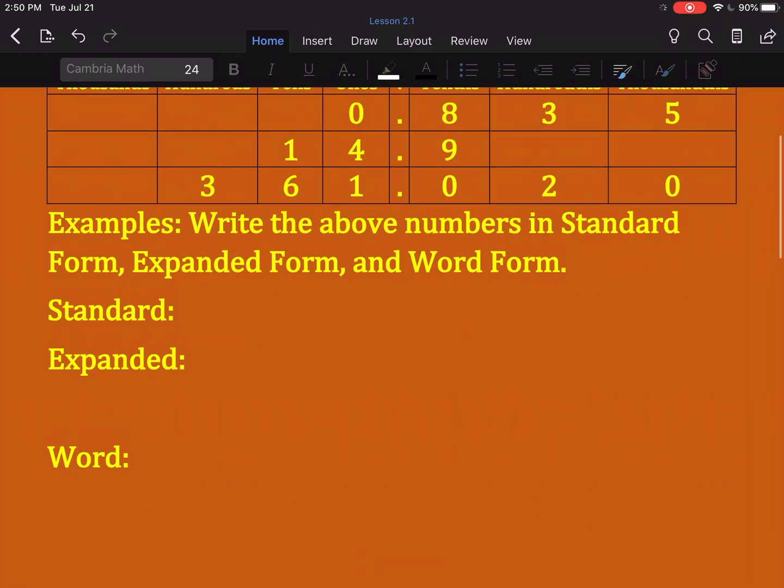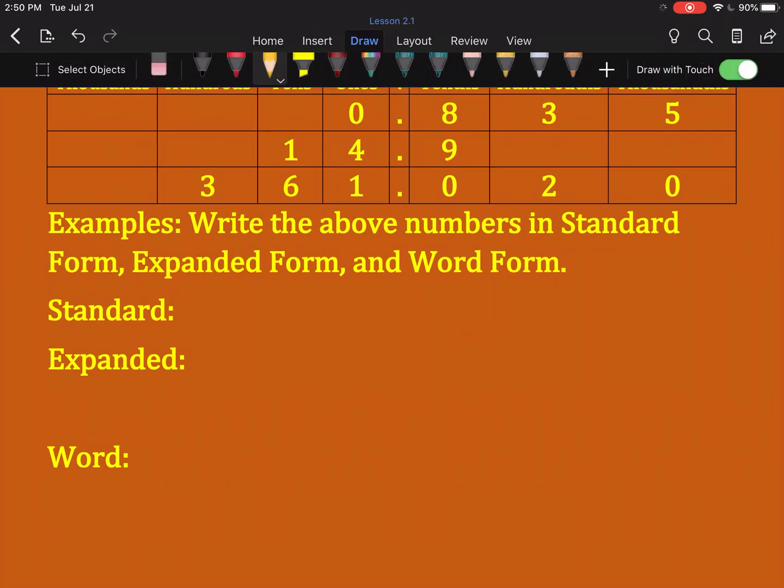Now, I'm going to take these three numbers and write them out in various forms. You can do all three. I'm going to erase as I go. I would strongly recommend you copy the last one. So the first number here, in standard form, is 0.835.